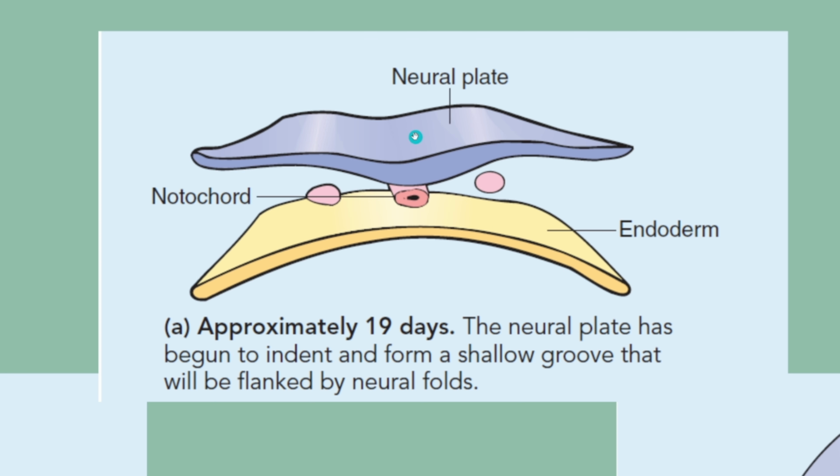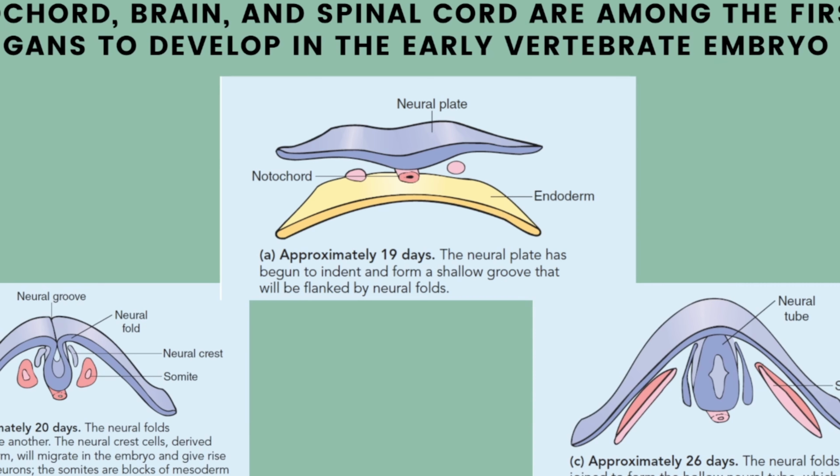This thickening is produced by the elongation of the dorsal ectoderm cells. These cells then assume a wedge shape because of contracting bundles of actin filaments at the apical end. Okay, so that's all about the first stage. You need to know notochord is formed and then the neural plate is also formed.